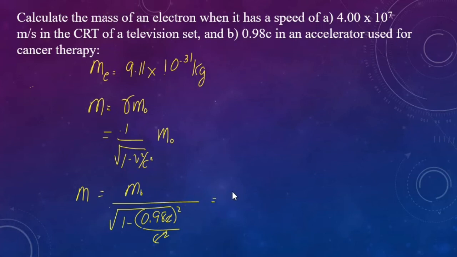Solving this further will give you 5.03 m naught. So when it approaches the speed of light, which is 0.98c, the mass will become 5.03 times its rest mass. If the rest mass is 9.11 times 10 to negative 31, just multiply it by 5.03 and you will get the mass.